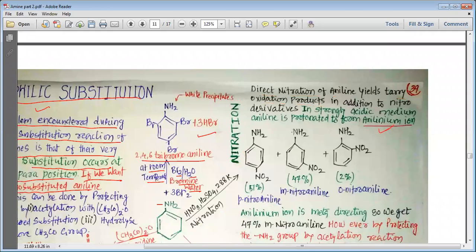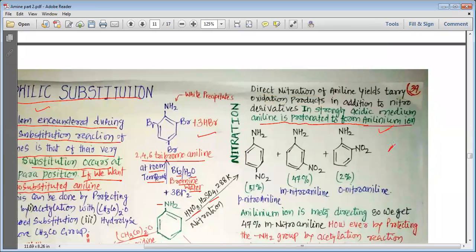Now what happens in a strongly acidic medium? We are using nitric acid and sulfuric acid in this reaction. So when we use nitric acid or sulfuric acid, generally the medium becomes strongly acidic. So in this strongly acidic medium, aniline is protonated to form the anilinium ion.